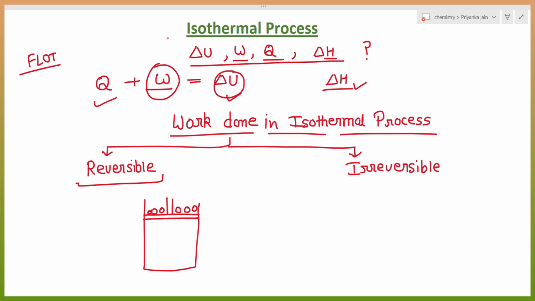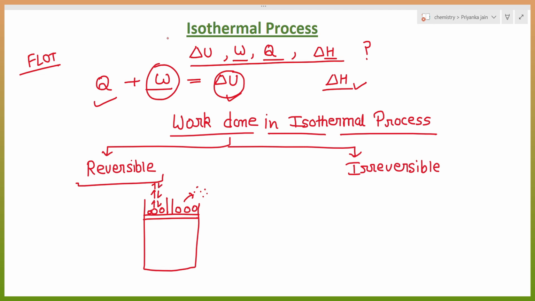One small point, then another small point. In this way, we are lifting the weight, one particle, another particle, a second particle, a third particle. In this manner, we are removing the pressure. So the process is going in infinite steps, and in each step the process will be reversible.